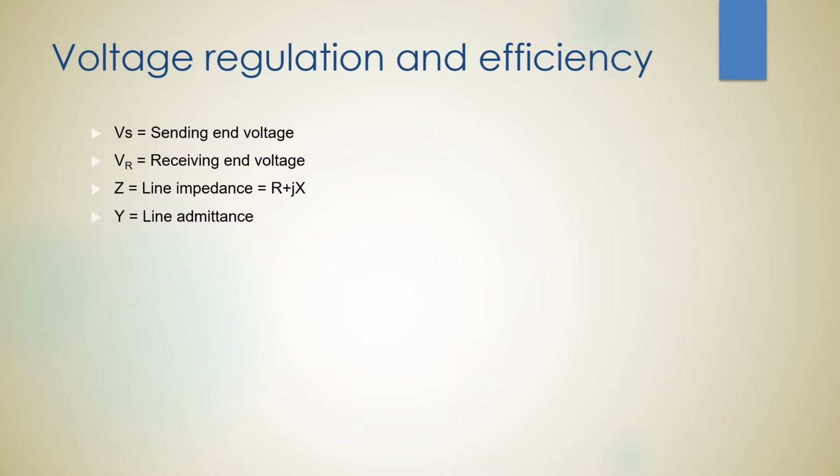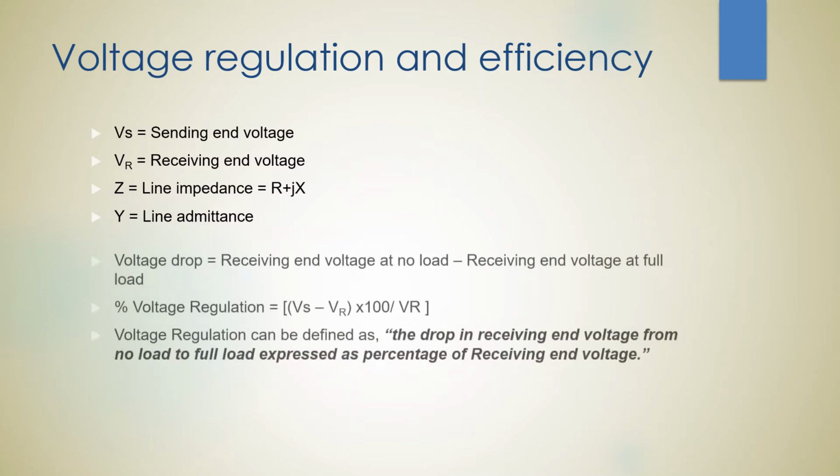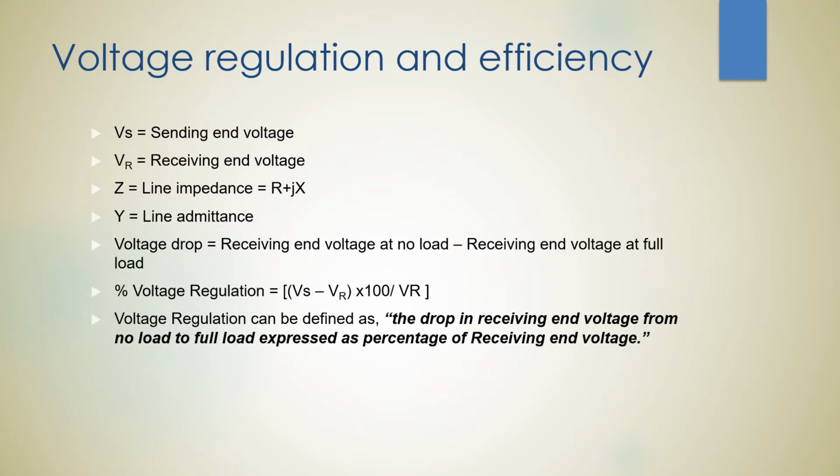So the difference between this receiving end voltage and sending end voltage with respect to receiving end voltage at no load is defined as the voltage regulation. It is in percentage. So we define the terms: Vs as the sending end voltage, Vr as the receiving end voltage, Z is R plus jX, and Y is the line admittance.